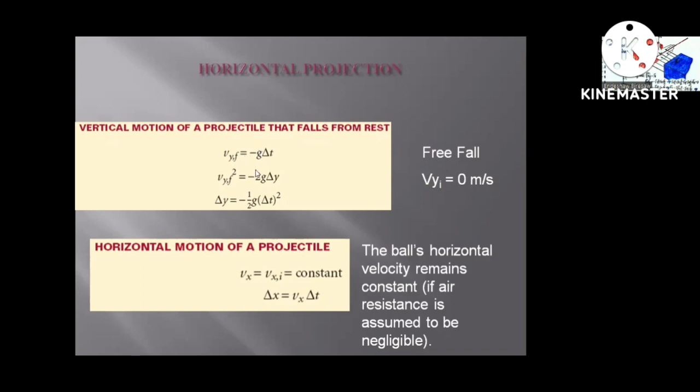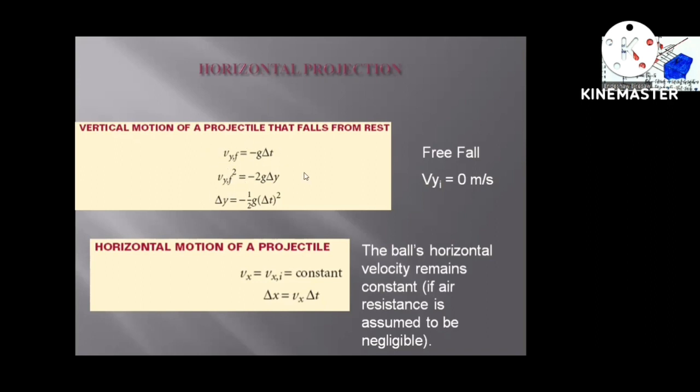This minus arises because, in vertical motion of a projectile upward, the initial velocity and gravity are in opposite directions.